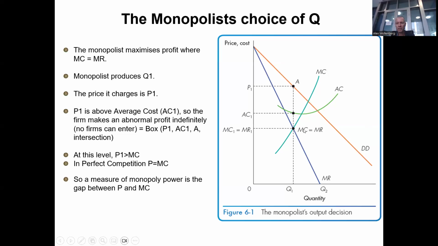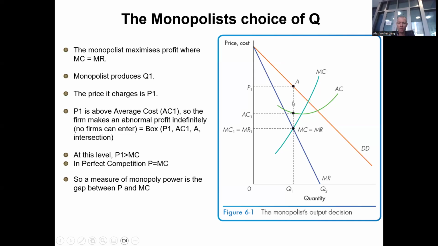All right. Do you notice that the intersection point is below the average cost curve? What would that mean for a competitive company? If this company were competitive, this would be shut down territory, remember? A monopolist, though, can do this. They can get away with it. A monopolist can get away with producing below its average costs because it can charge the price that is way above the average cost.